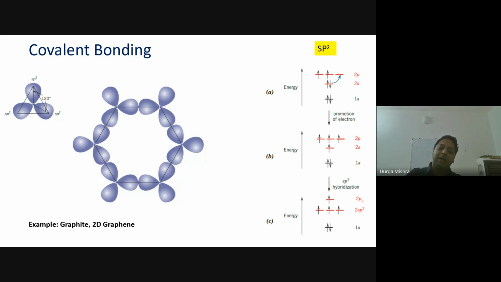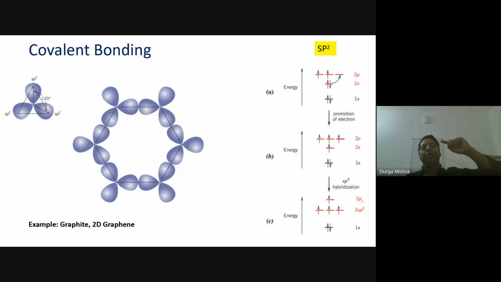Why? Because you have one electron, this pz electron, which is not part of any bond yet. So in the carbon-carbon bond, this pz electron can jump from one orbital to the other easily, and due to that, graphite will have a much higher conductivity.